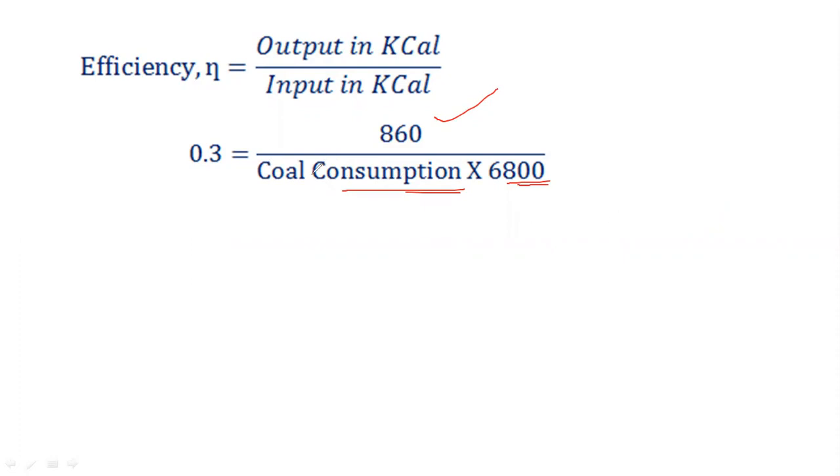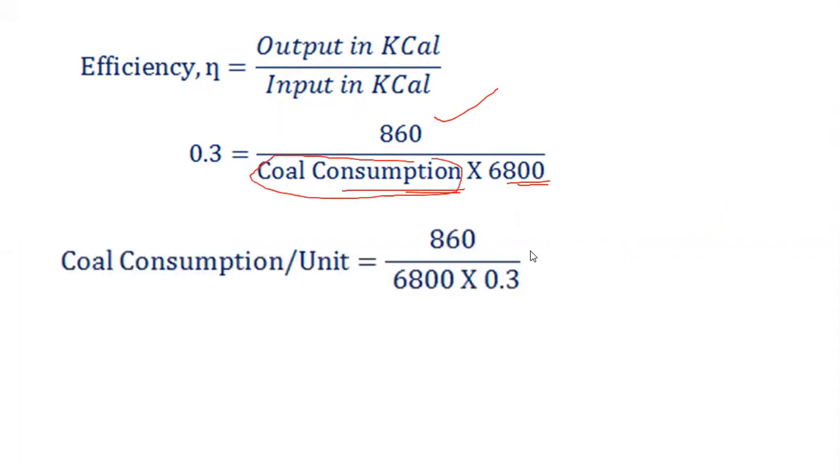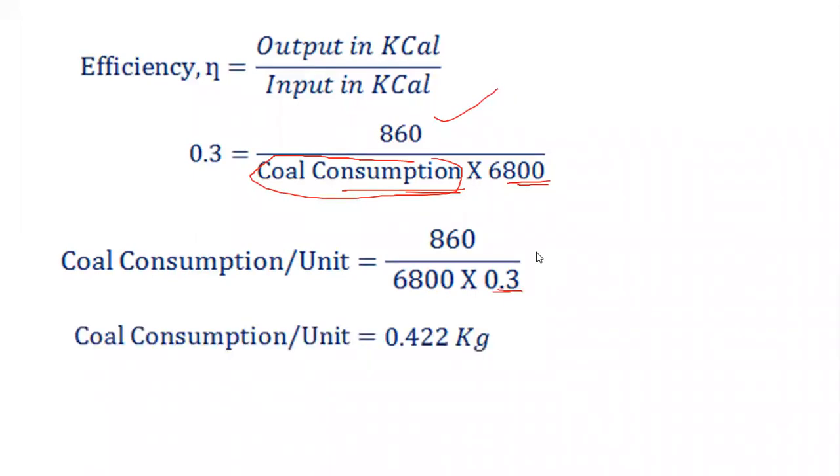By cross multiplication, the coal consumption per unit equals 860 by 6800 into 0.3. Simplifying this equation, we get 0.422 kg. This much coal is utilized to generate 1 unit in the particular power plant.